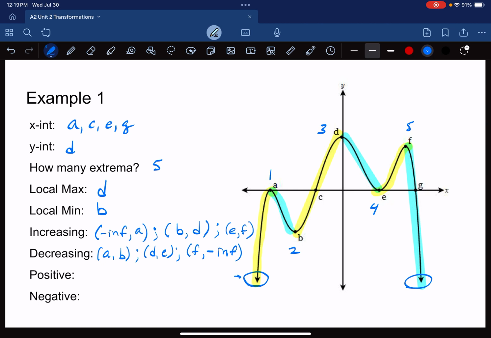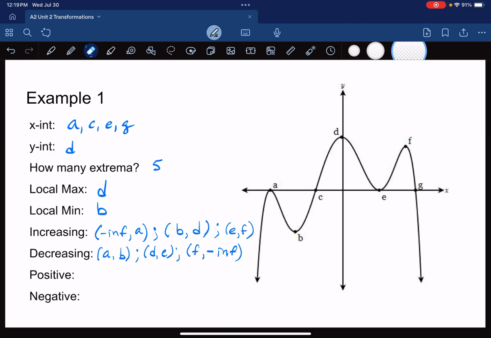Now let me clear the graph off because we're going to talk about positive and negative. There we go. So positive sections of the graph are sections above the x-axis. Okay?